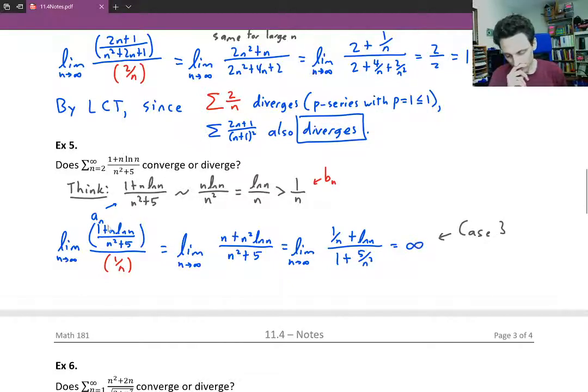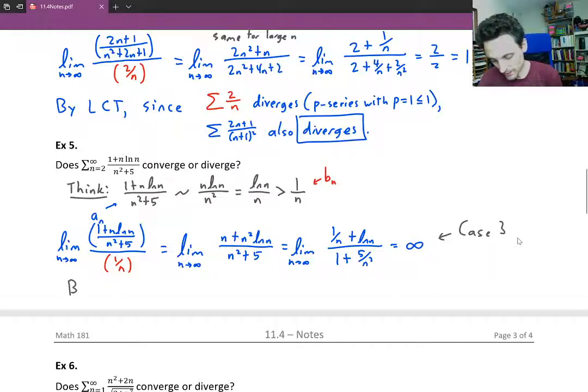What you can think is, well, the top terms are going to be getting bigger faster than the bottom terms. So if the bottom terms in a series diverge, well then our terms, which are bigger, they're growing faster than the bottom terms. That as a series would have to diverge as well because it's got bigger terms.